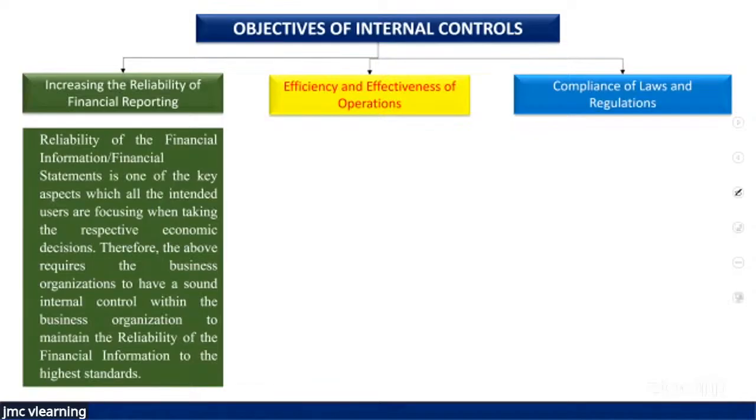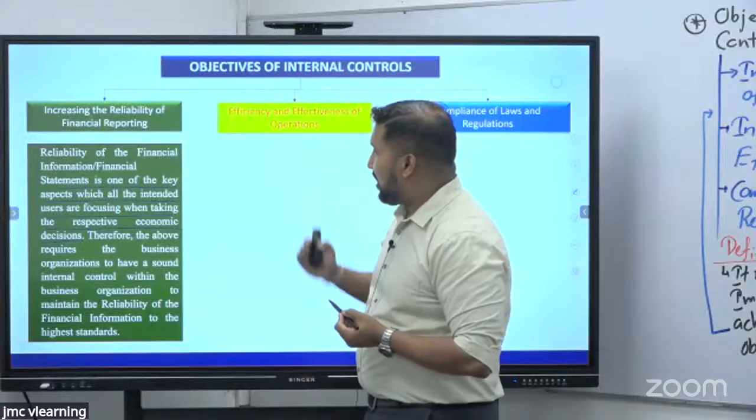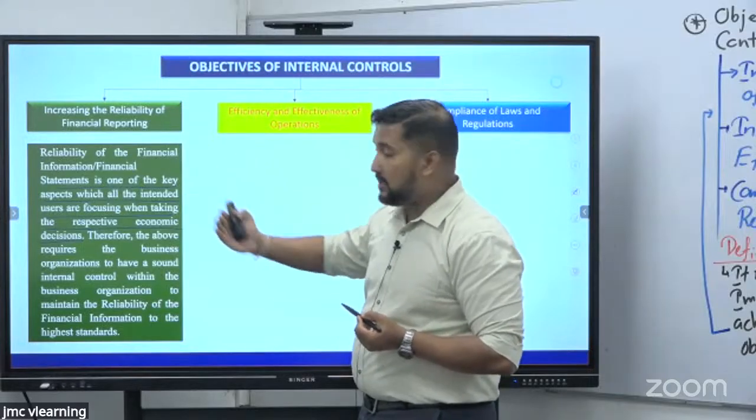Reliability of the financial information and financial statements is one of the key aspects all intended users focus on when taking the respective economic decisions. Various types of intended users take various types of economic decisions based on the financial information and financial statements.